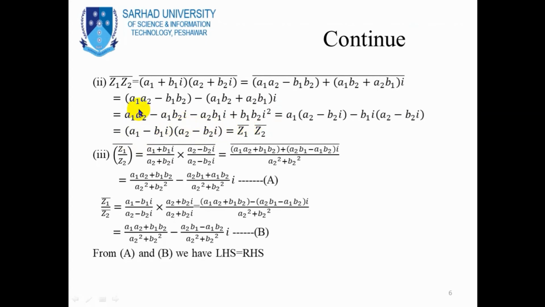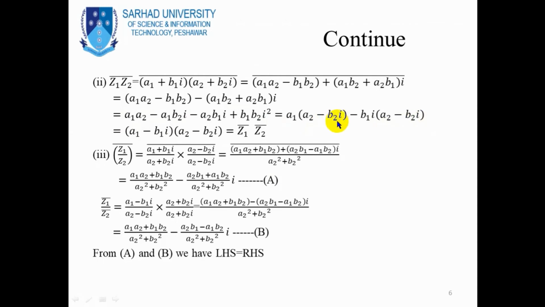In the simplification form, dear students, you see over here a1 a2 minus a1 b2 iota minus a2 b1 iota plus b1 b2 iota whole square. Iota whole square means minus 1, so this part will be minus. And now taking common from these two terms, a1 common, a1 into (a2 minus b2 iota), and from these two terms taking common b1 iota, so b1 iota into (a2 minus b2 iota).